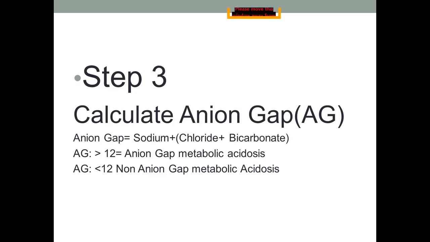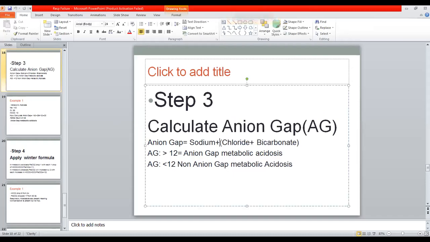So what is the formula of anion gap? Anion gap is equal to sodium minus chloride plus bicarbonate. Sorry, this is not plus, this is minus in the first part: sodium minus chloride plus bicarb.